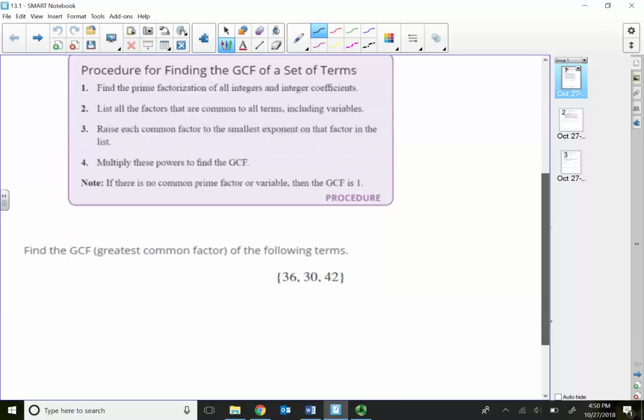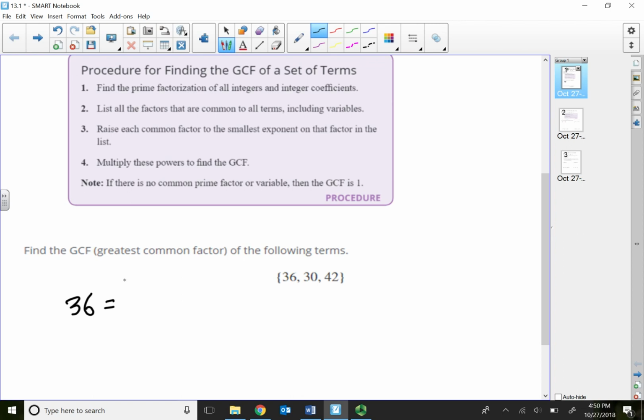I'm going to use this particular set of 3 integers: 36, 30, and 42. I'm going to write this problem out, and let's see if we can figure out the greatest common factor just by looking at it. So 36, find the prime factorization of 36.